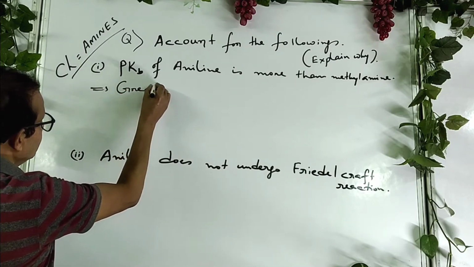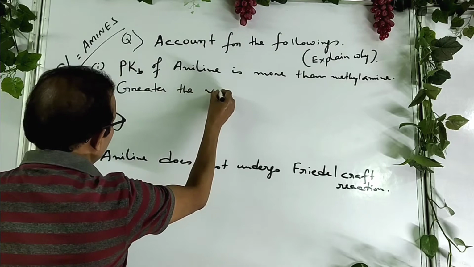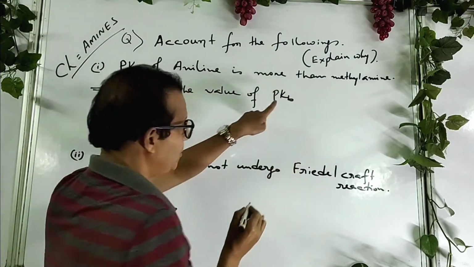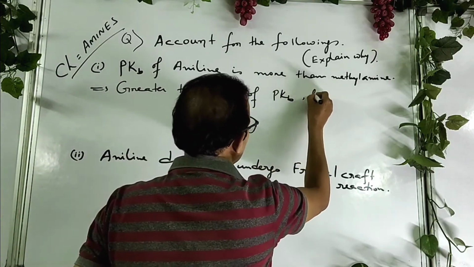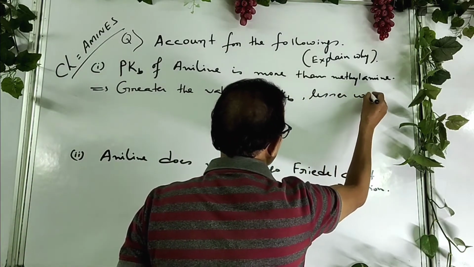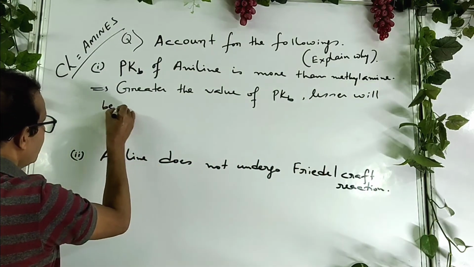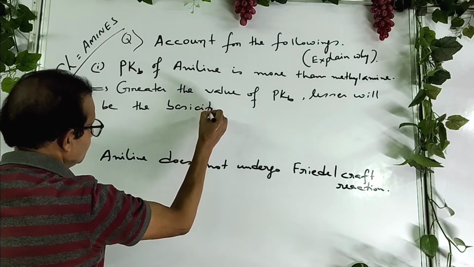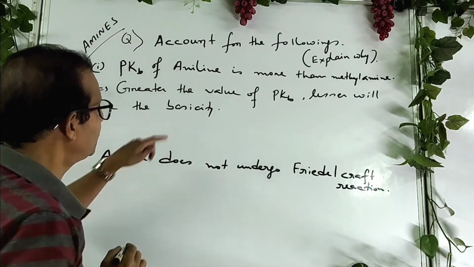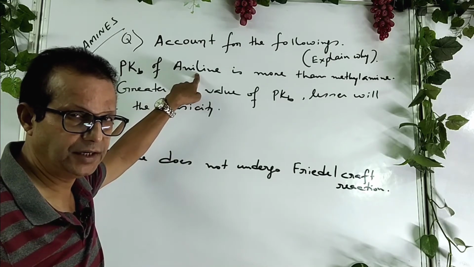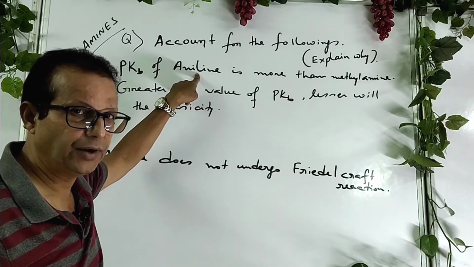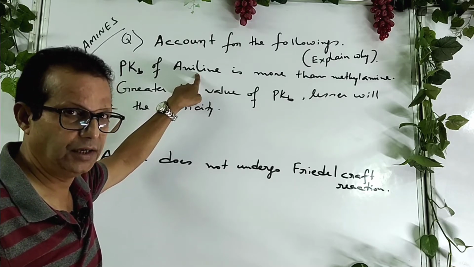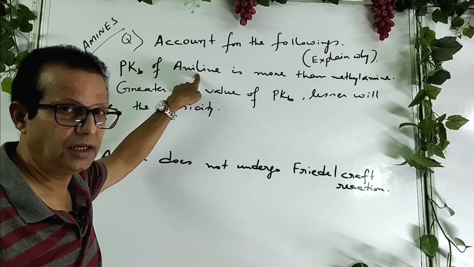Greater the value of pKb, it is a measure of basicity, okay? Lesser will be the basicity. Now you know that in aniline, due to the presence of benzene ring, as benzene has electron withdrawing nature, it reduces the electron density of nitrogen, resulting in decrease in basicity.